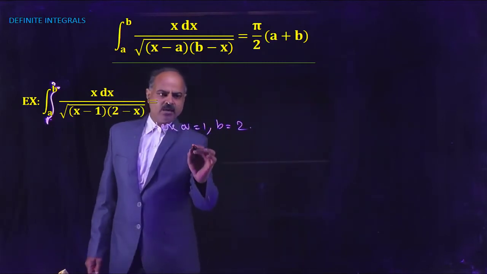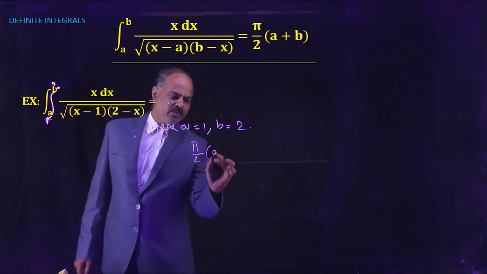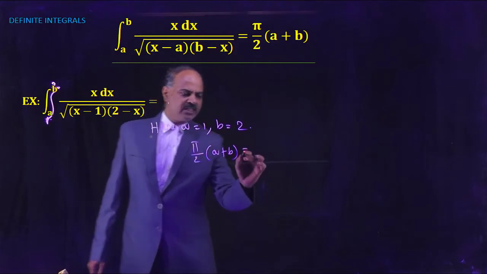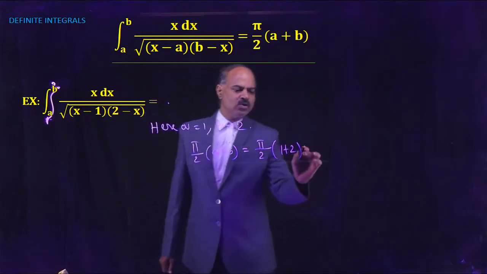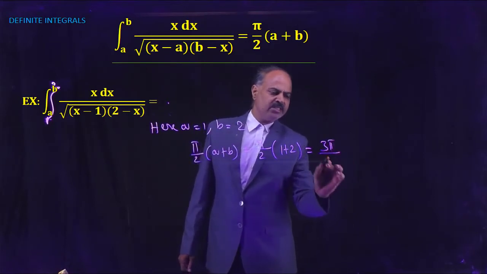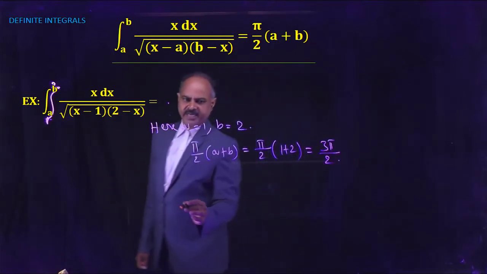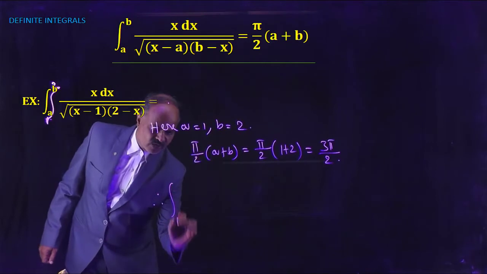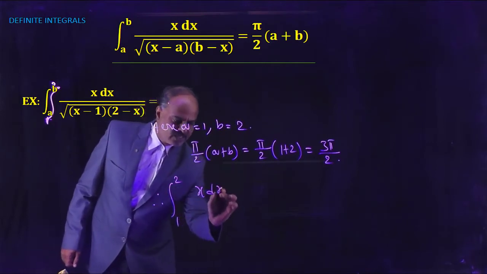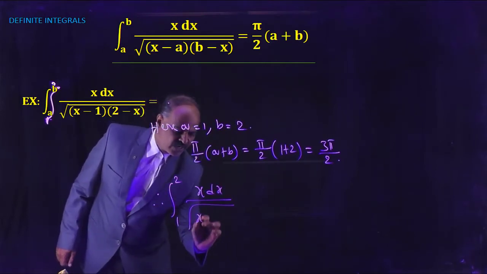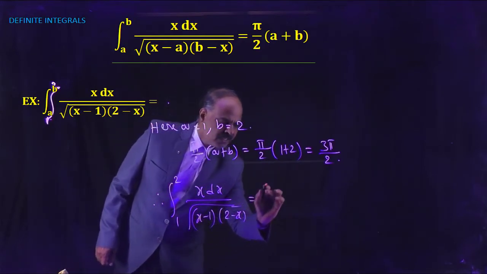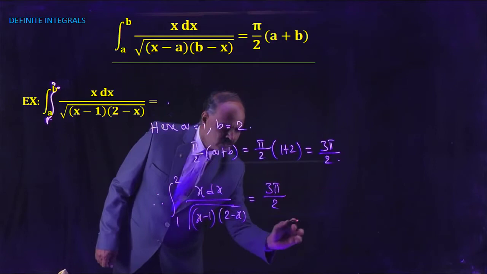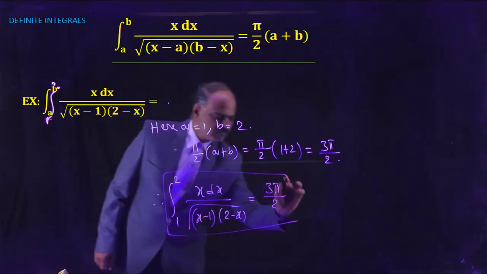The formula is pi by 2 into (a plus b), so that is pi by 2 into (1 plus 2), which is 3 pi by 2. Therefore, integral 1 to 2 x dx by square root of (x minus 1) into (2 minus x) equals 3 pi by 2.